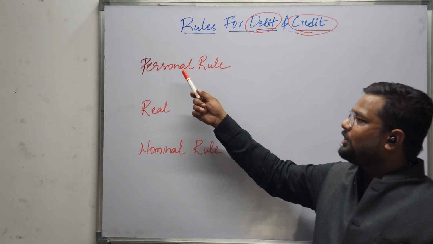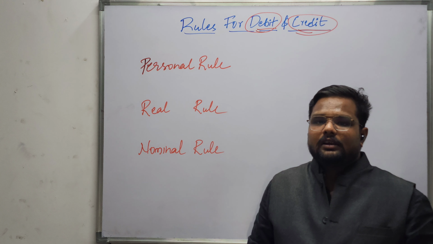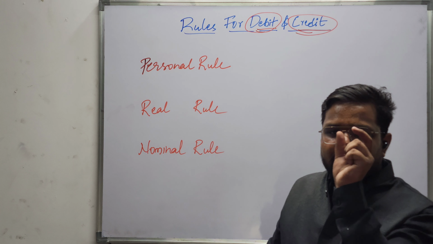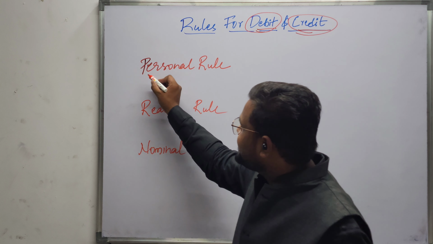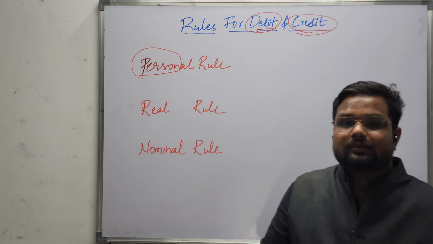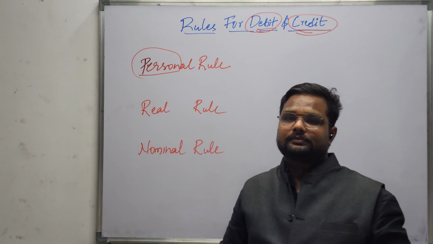Now let us understand what the words personal, real and nominal mean. In the word personal, a word is hidden. The hidden word is person. Personal के अंदर person है.